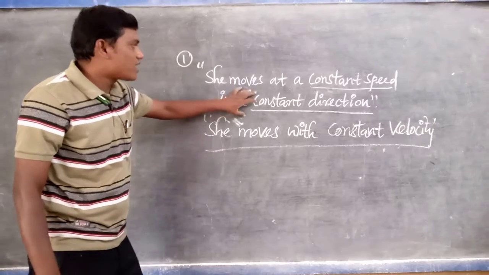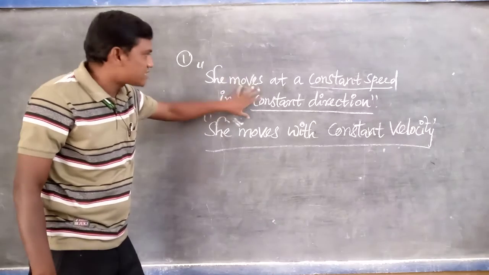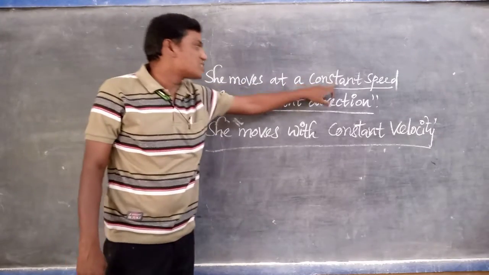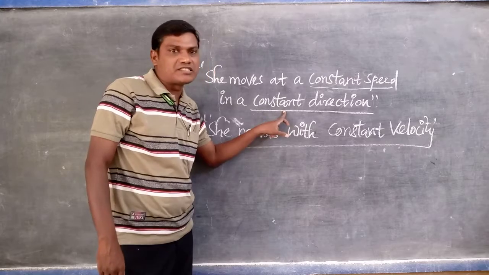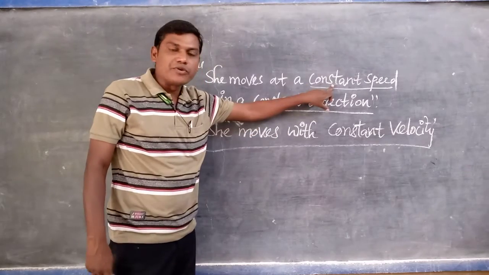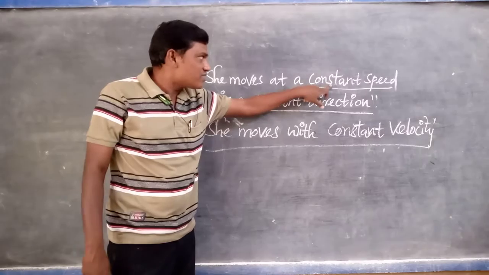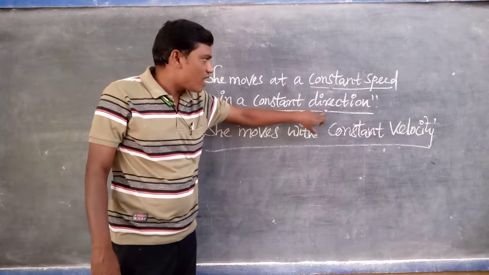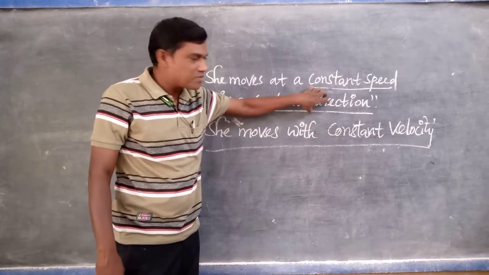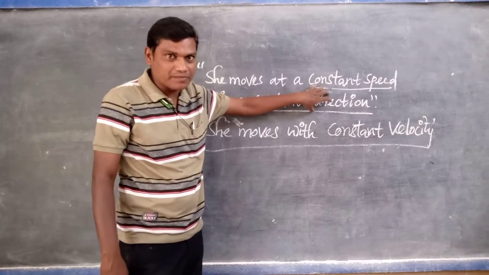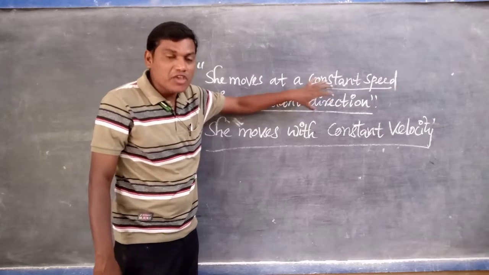Means what is the statement they have given? First you understand, in the statement, constant speed, constant direction is there. Constant speed means you remember the uniform speed. But along with the speed, what have they given? Direction. That's why it must be a velocity concept. But which kind of velocity? Uniform.